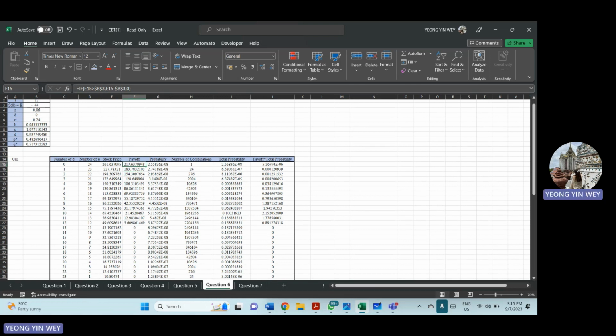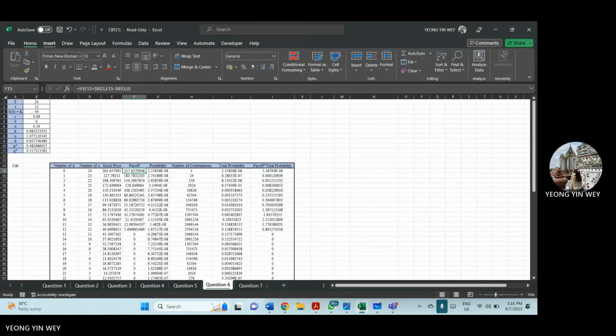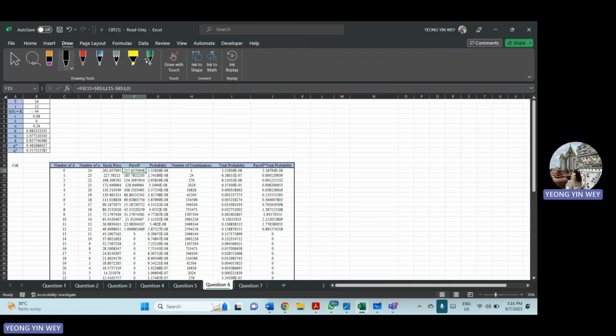So the payoff, okay, for this question, we are doing the call. So basically, the payoff will equal 0 and, okay, for this question, as it is a call option, when the strike price is larger than the ST, then we will not use the call option.